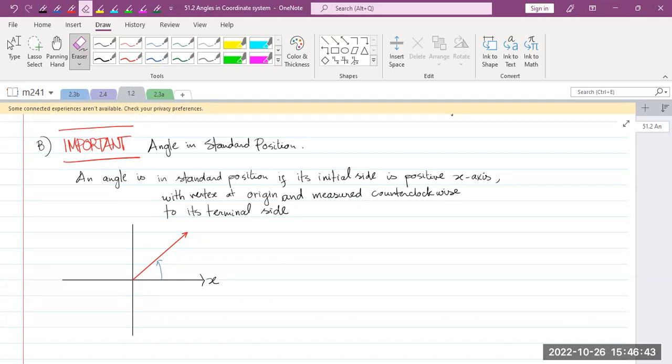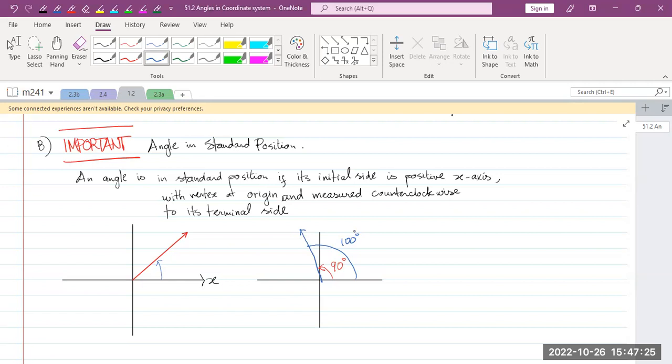So when we say angle 90 degrees, we don't need to say too much. Angle 90 degrees must be this one. Angle 100 degrees must be this one. We don't need to explain further, from the positive x-axis going counterclockwise. No need, because otherwise stated, it must be in standard position.